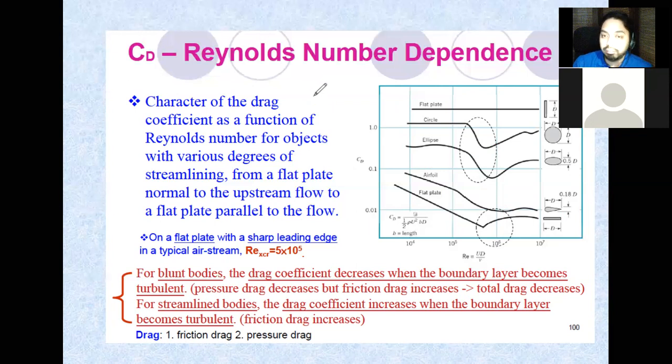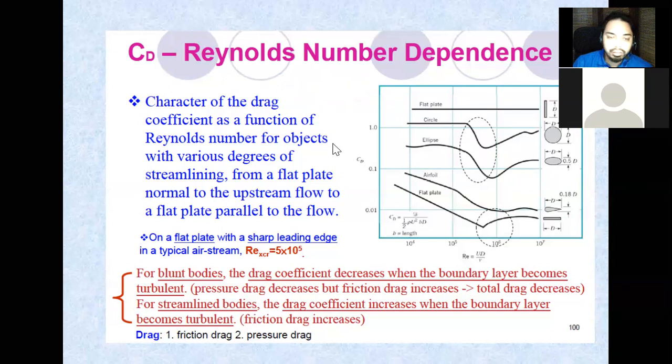So they compete with each other in contributing to CDF and CDP, and those combine by addition because they are superposed on each other. Okay, any questions up to this point?